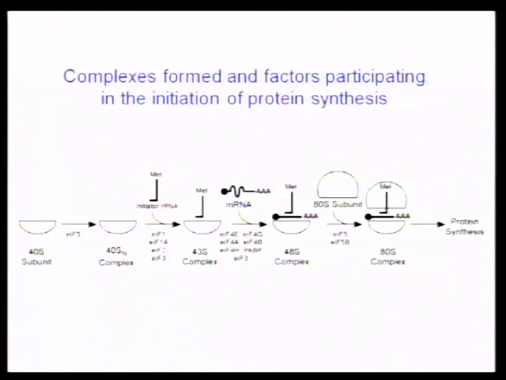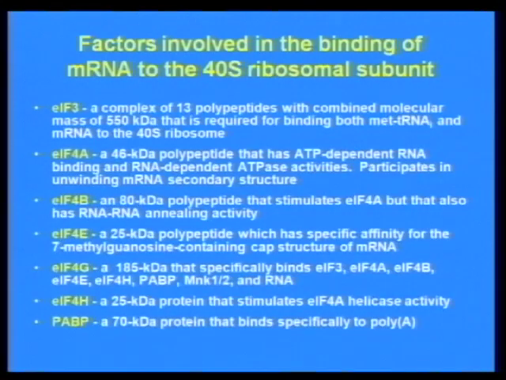Complexes are built up from the small ribosomal subunit, the initiator tRNA, the messenger RNA joins, the large subunit joins, and they're all catalyzed by initiation factors. This has the most factors. It's also the most complex of the steps and the most highly regulated, which is where messenger RNA is put onto this initiation complex.